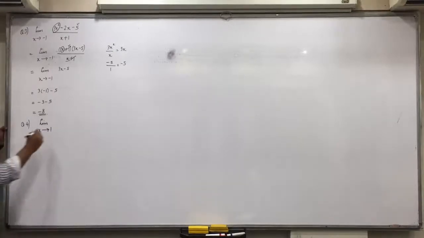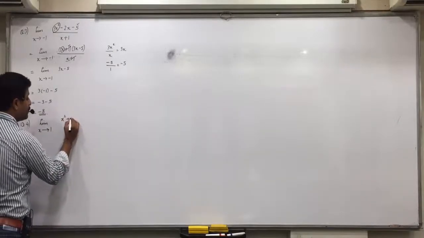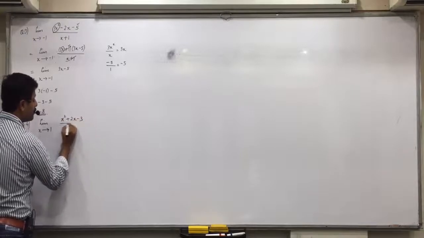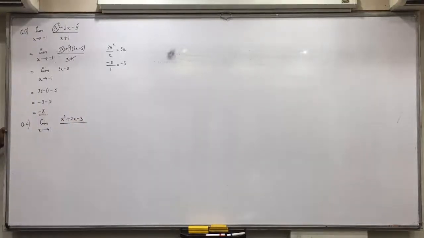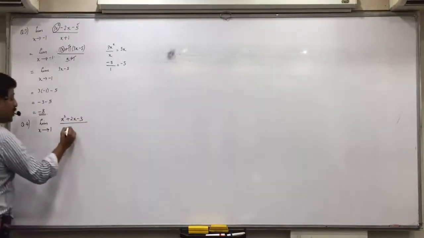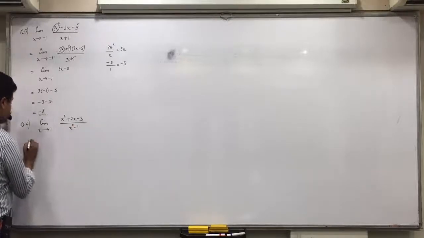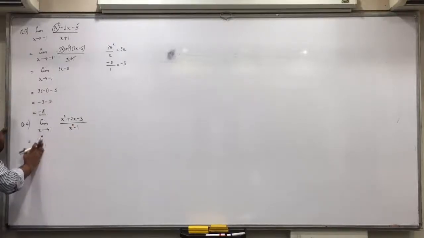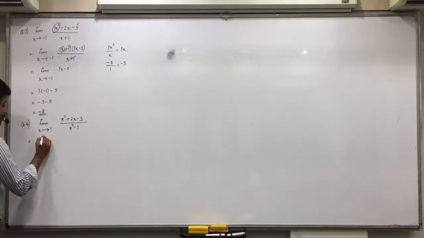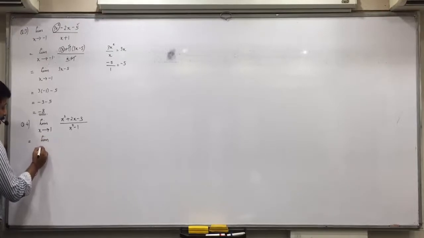x square plus 2x minus 3 upon x square minus 1. Now, limit x tends to 1.